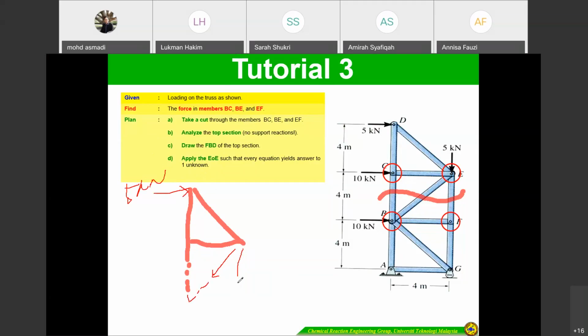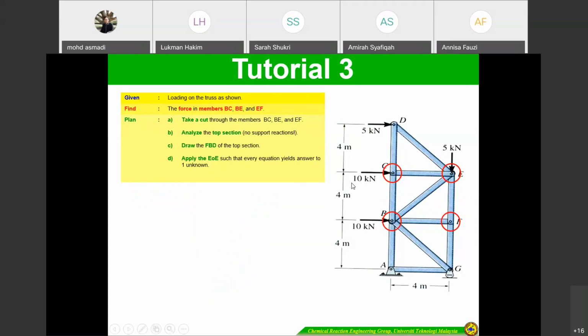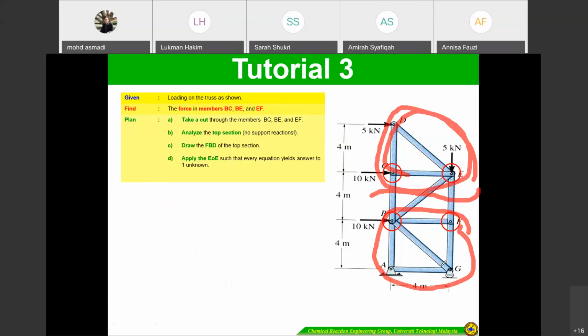And then this one, another one, is 5 kilonewton. You cut here, right? So I didn't take this one. We have to take this section, since this one has too many unknowns.